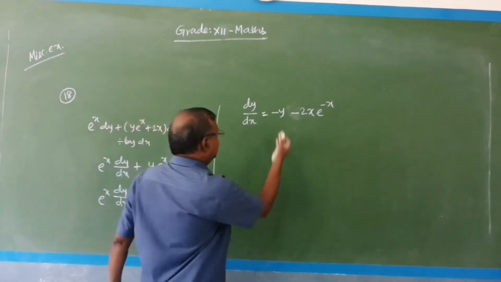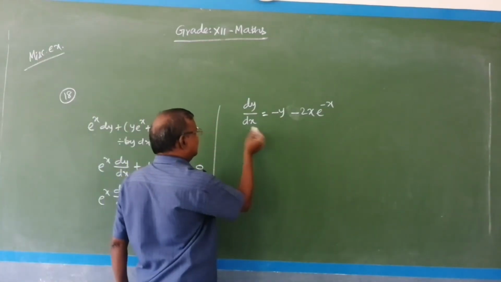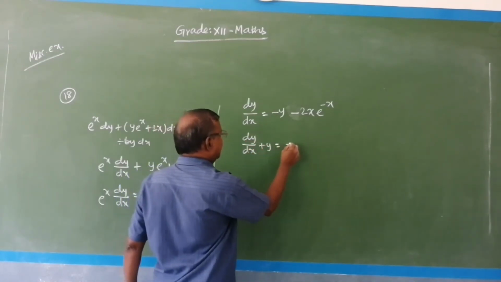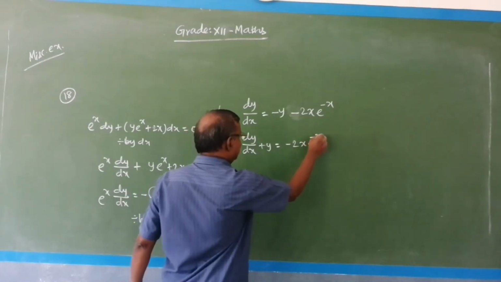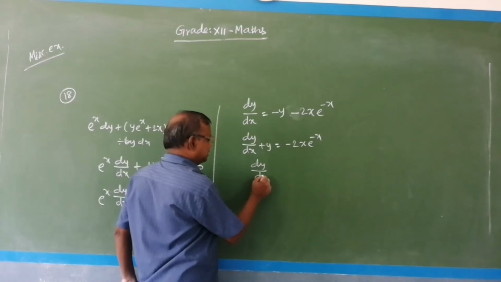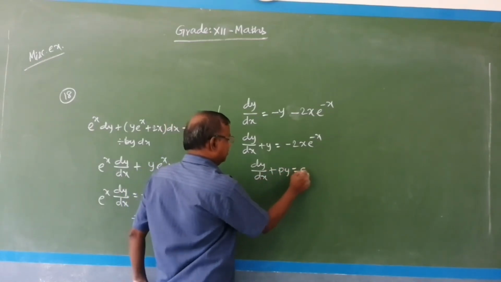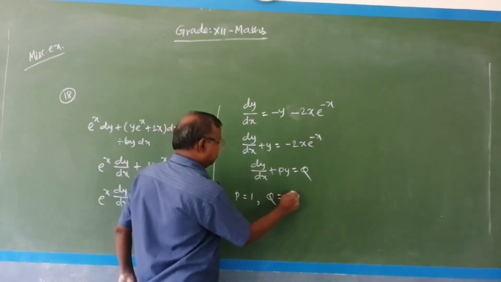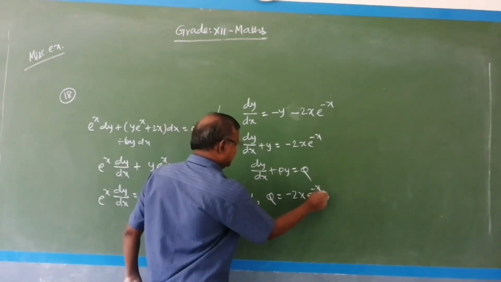Now, bring the minus y term to the left side, that is dy by dx plus y equal to minus 2x e power minus x. So, this is in the form of dy by dx plus py equal to q, where p equal to 1 and q equal to minus 2x e power minus x.